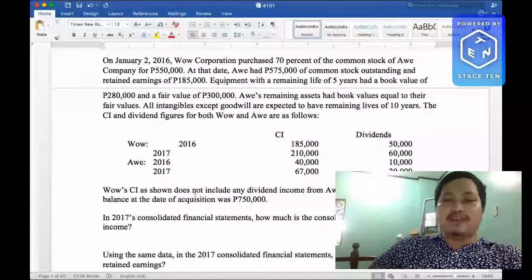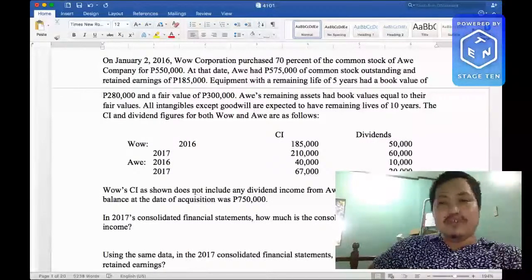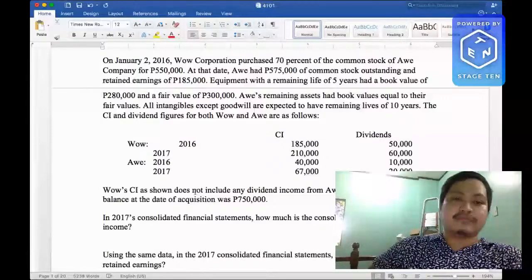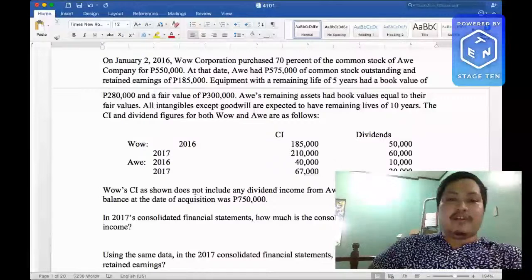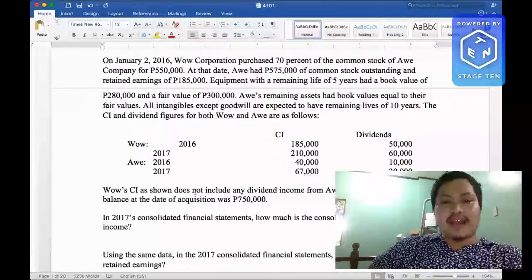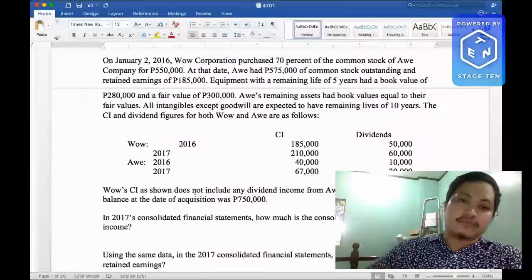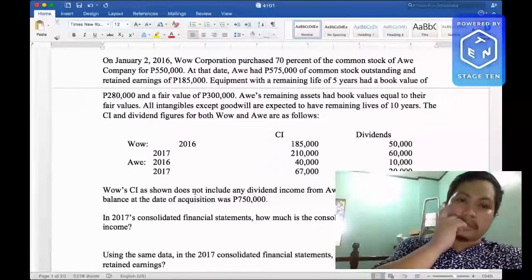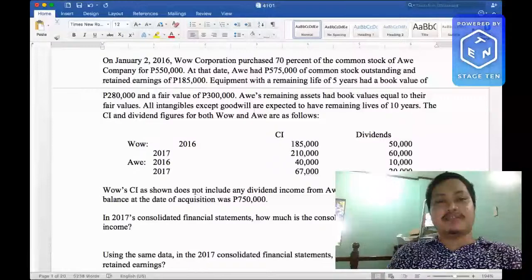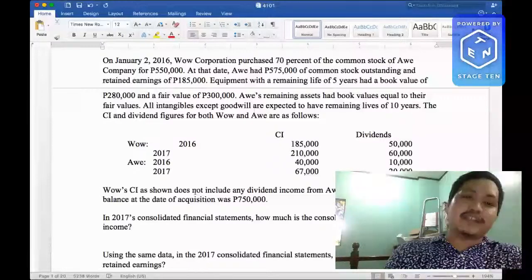The book value, meaning the value in the eyes of the subsidiary, is 280,000. While the fair value, meaning the value in the eyes of the consolidated entity, is 300,000. So this will now be the source of our adjustment, class. So you could actually say that the fair value exceeds the book value in the amount of 20,000.